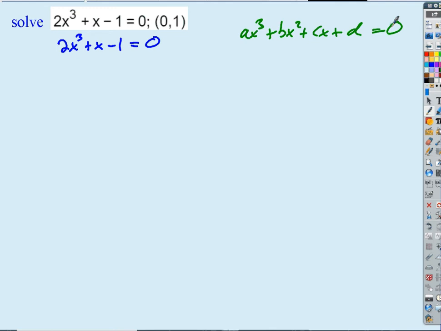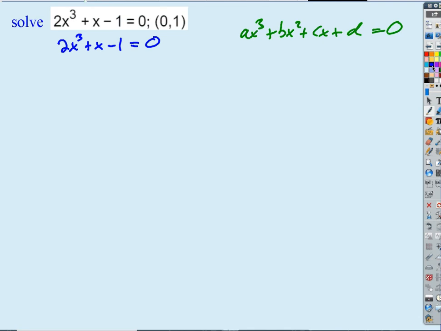What the rational root theorem says, if this is a polynomial equation like this, and it's in standard form, is that any possible rational root, if it has rational roots, will fall in this pattern.